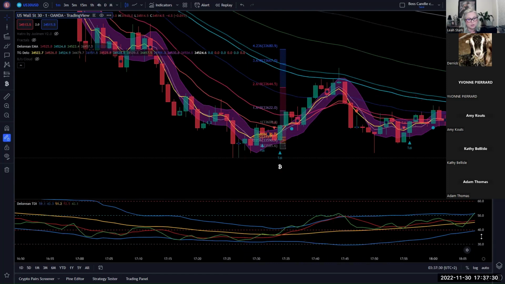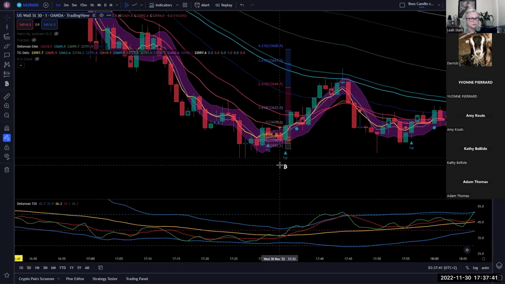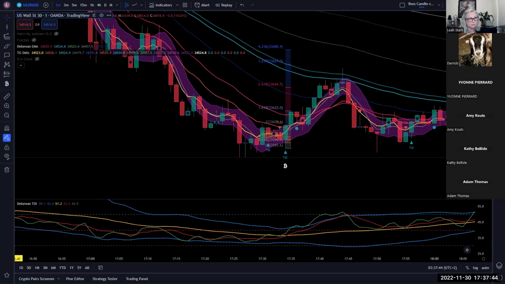It was never overbought on the TDI. And so price here, even at its lowest point, was 32.4. It never crossed the 30% line on the TDI. So it's something to be really cautious of and aware of. And I've noticed for myself lately that my skills with checking the TDI are becoming more second nature. Some people probably would have taken that, and maybe in their trading plan, their rules don't require a counter trend trade to be oversold.